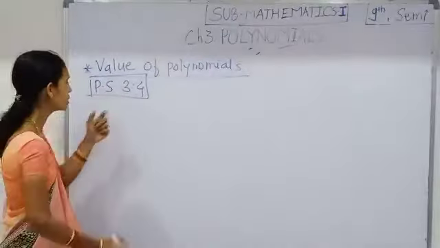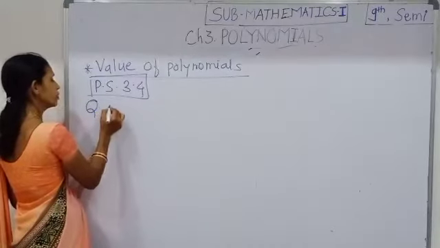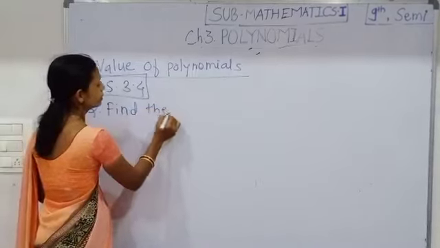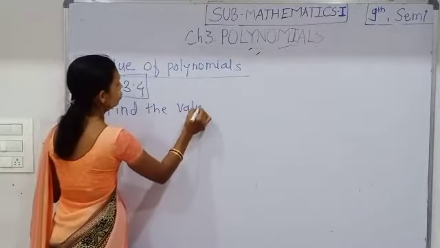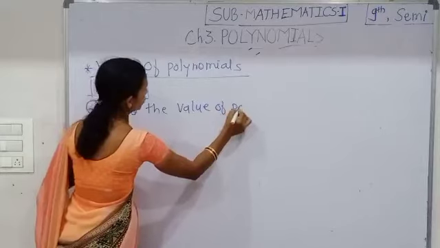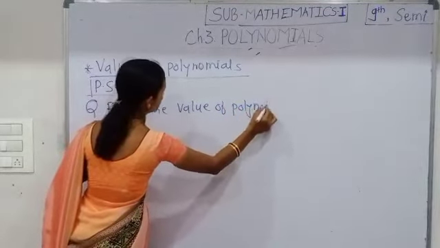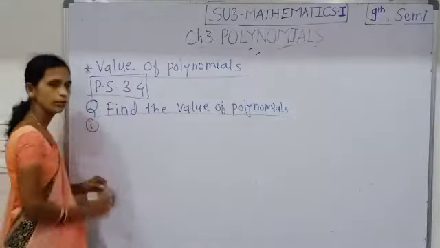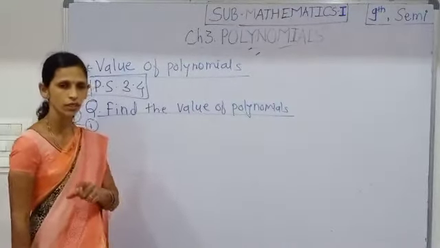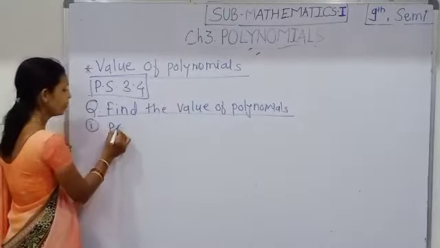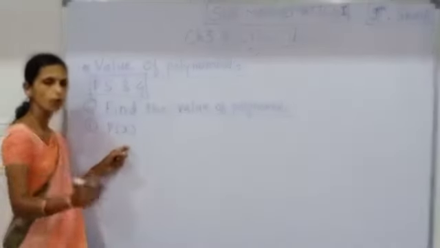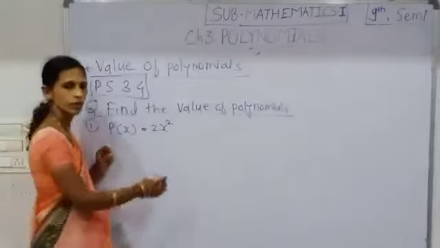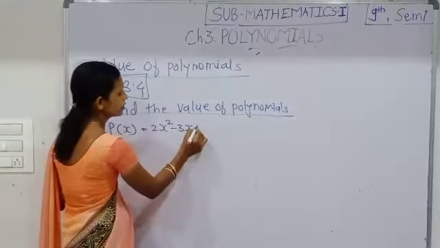Then see here, the question given here is: find the value of the given polynomials. One of the examples is: p(x) is a polynomial, that is 2x square minus 3x plus 5.